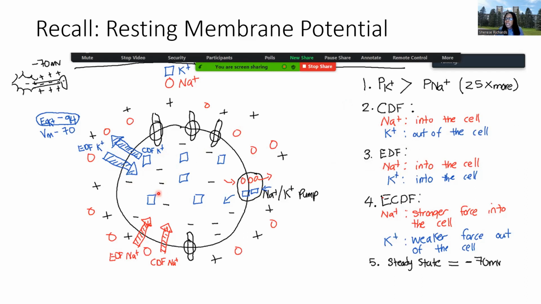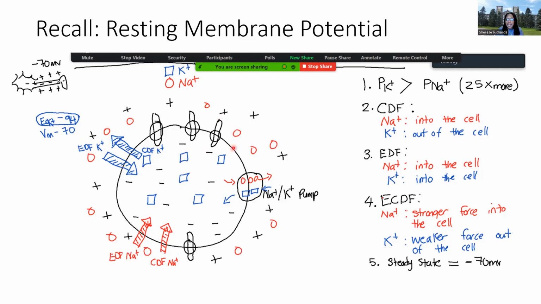So combining those together automatically means that it's a smaller magnitude, because we have to subtract the weaker force from the bigger force. So we subtract the EDF from the CDF, which results in 24, right? That's going to be the magnitude, and the overall direction being out of the cell. Therefore, potassium moves out of the cell with a weaker magnitude.